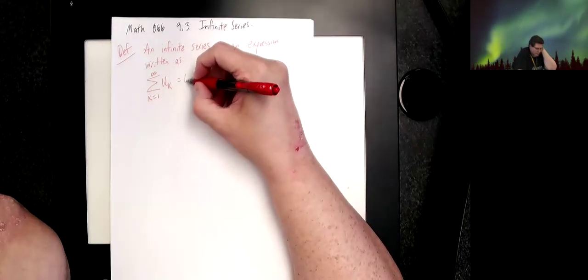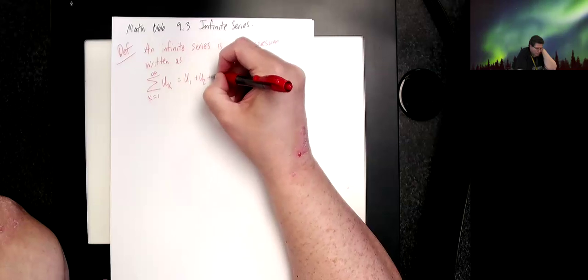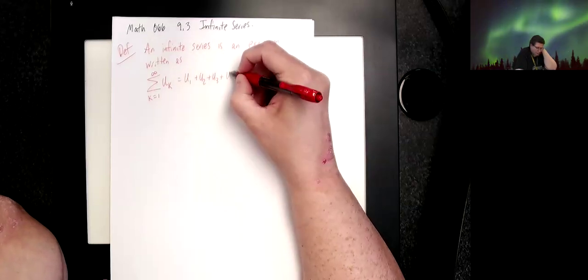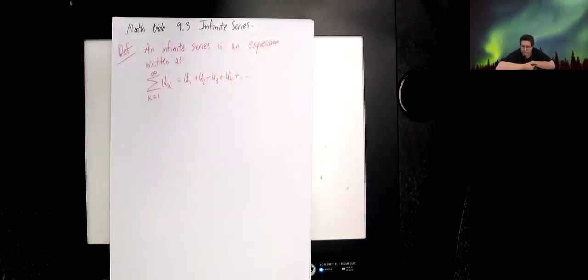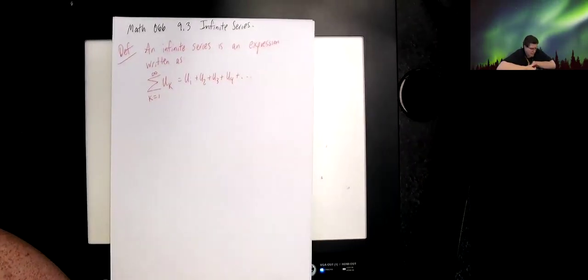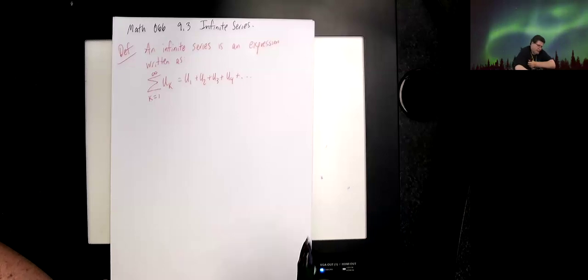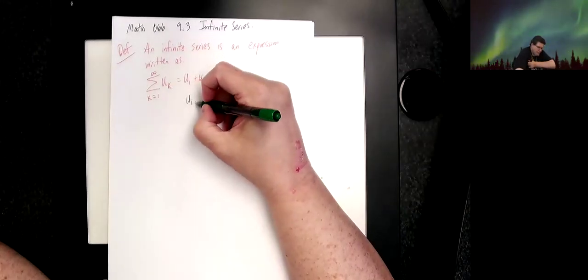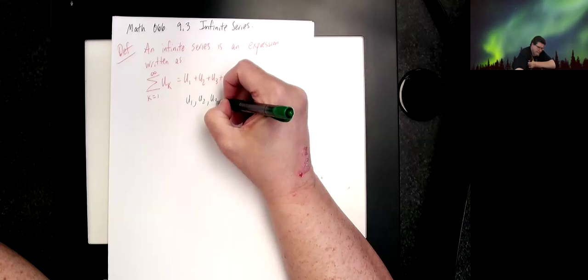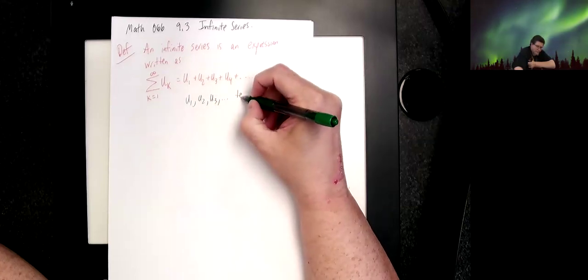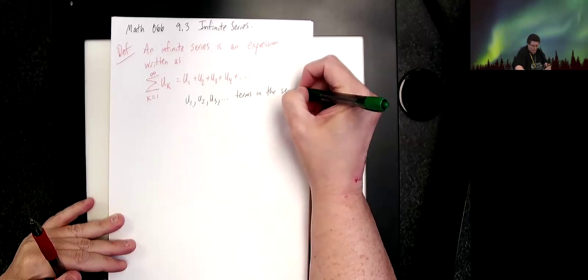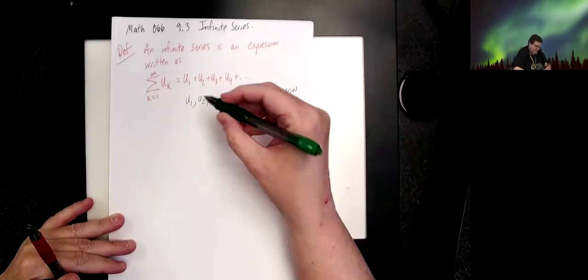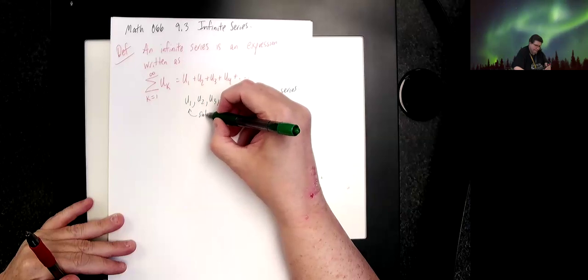So it's like u1 plus u2 plus u3 plus u4 on to infinity. And u1, u2, u3, these are terms in the series. And the subscript denotes which term.